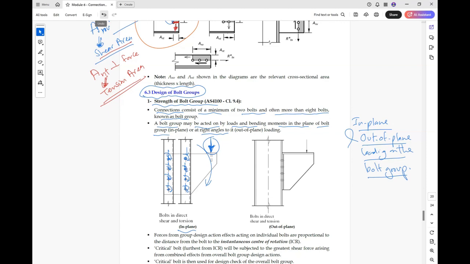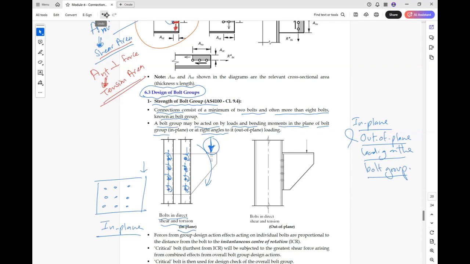As you can see, the bolt is in direct shear and torsion. That's why it is in plane. If this is the plane of the force, the bolts are in the same plane of the force. That's why it is called in plane.